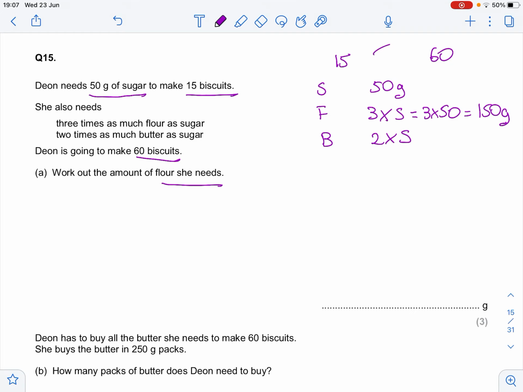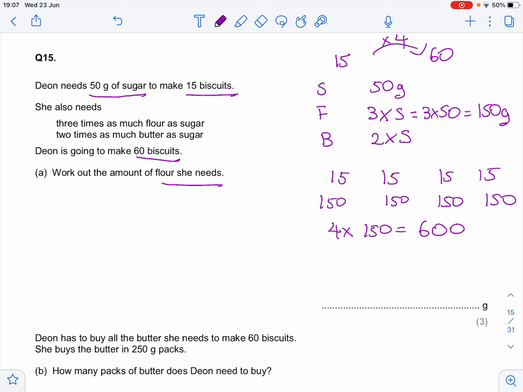So that means she needs 4 lots more. So she's making 4 lots of 15 biscuits. And if she's making 15, she needs 150. Now she's making 60, so we need 4 lots of 150. So she will need 600 grams of flour.